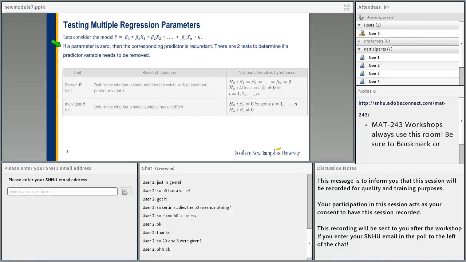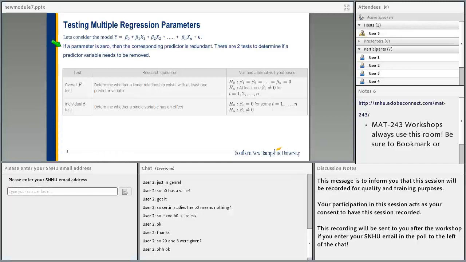There are two tests to determine if a predictor variable needs to be removed. So here what we're trying to do is, sometimes we might have an experiment where my predictor variables, which are x1, x2, x3, where there might be one of them or more than one of them which are redundant, which are not really helping or contributing towards the y value.